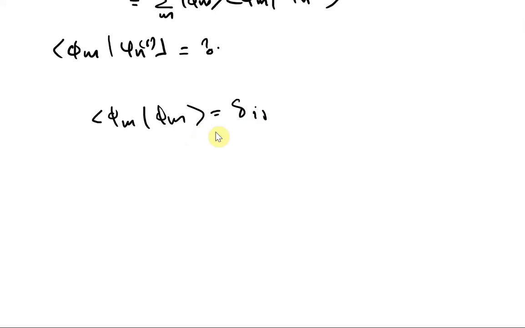When they are different, you are going to get 0. So this is something that we know.